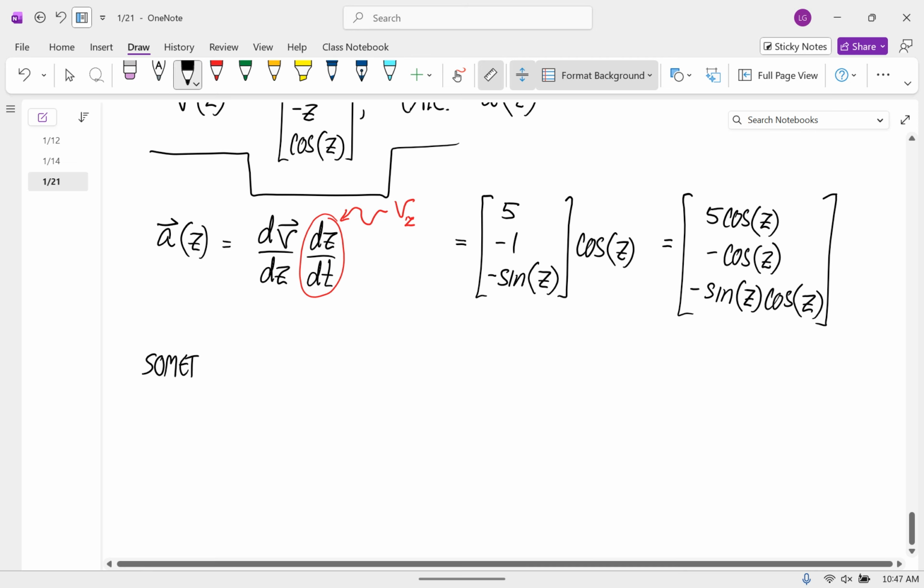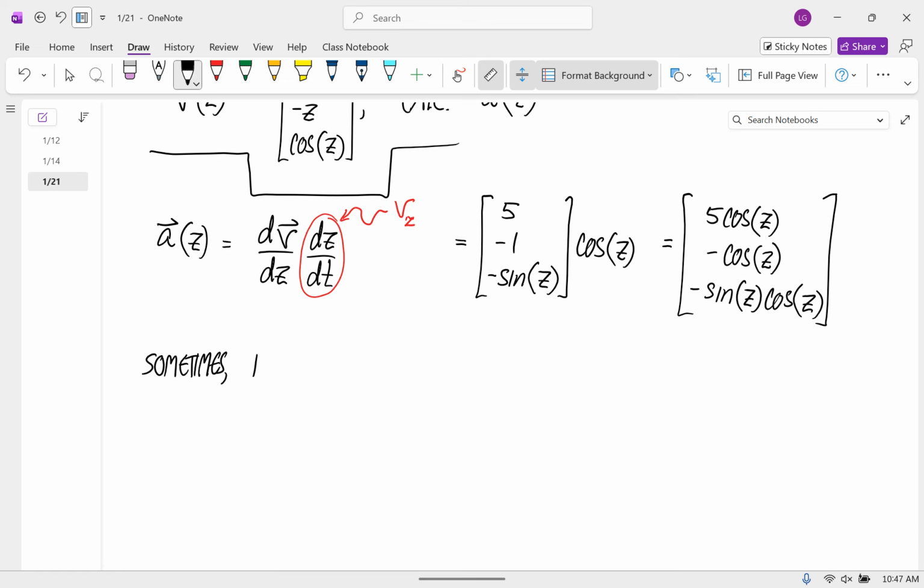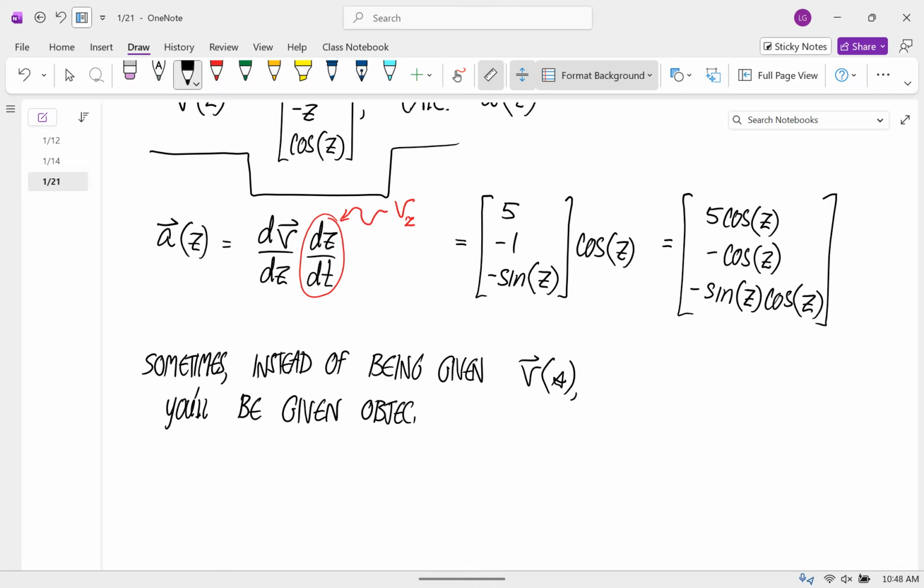But sometimes, instead of being given the velocity as a function of s, you'll be given the object's path as a function, and its speed as a function of a position variable.